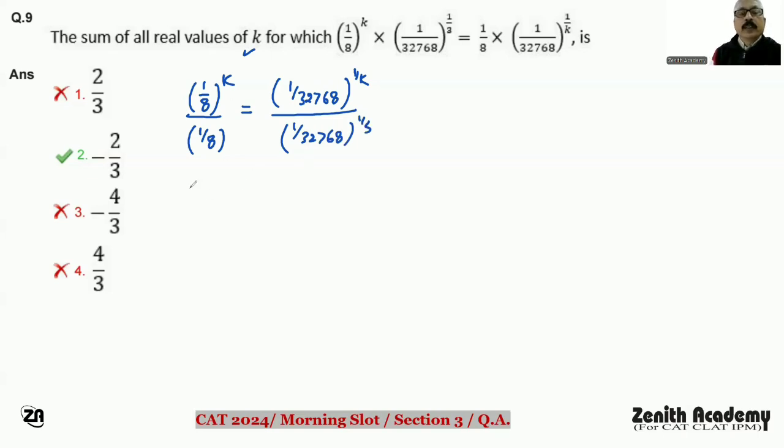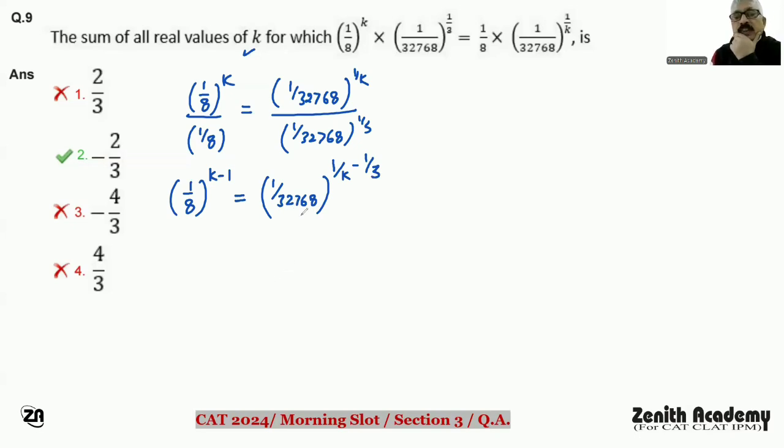So you can write it (1/8)^(k minus 1), and this you can write (1/3276)^(1/k minus 1/3).